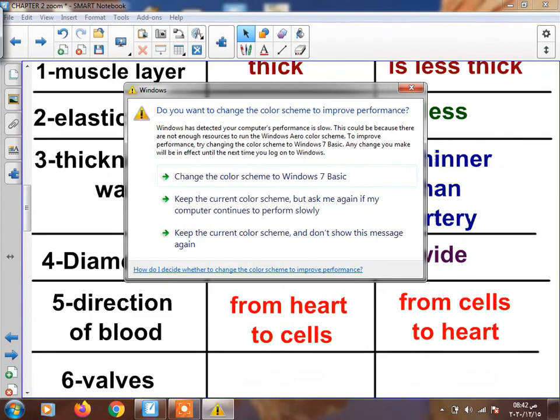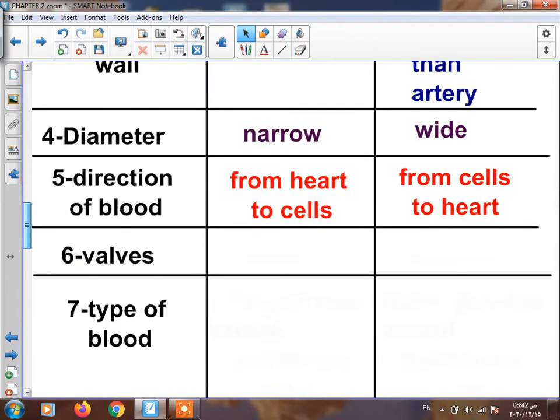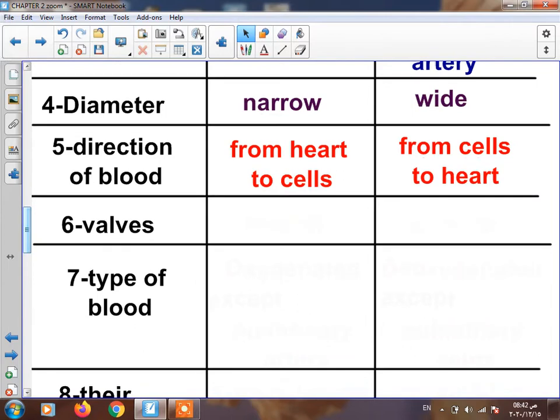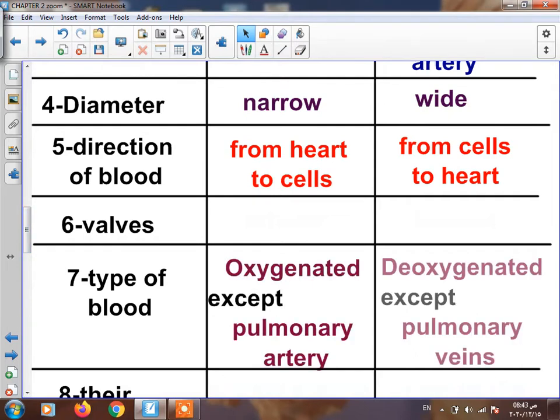Okay. What if I ask you about the type of blood in both of them? What blood does the artery carry? Of course this blood comes from the heart to the cells, so of course it does not carry carbon dioxide, it carries oxygen gas. And the type of blood which carries oxygen gas is called what? Oxygenated. Excellent. And the other is deoxygenated.